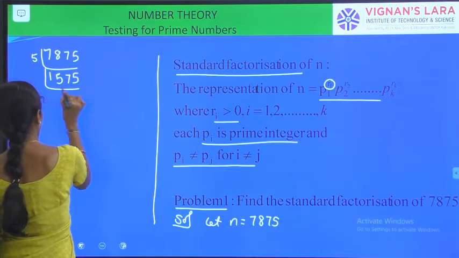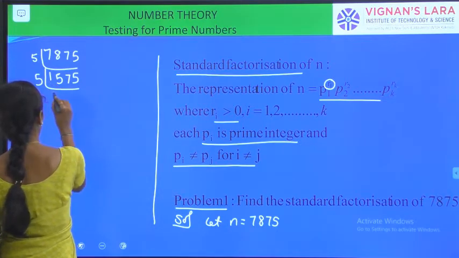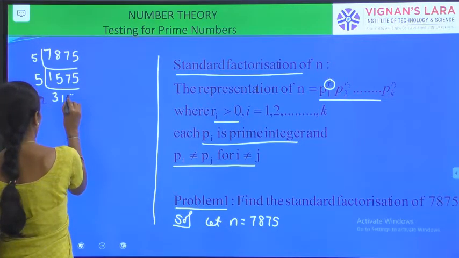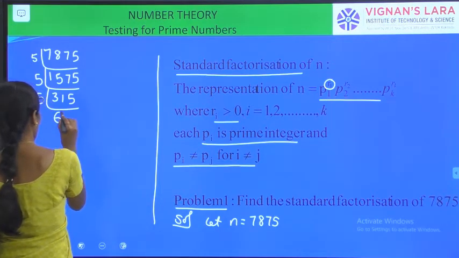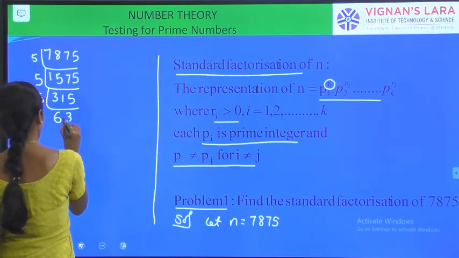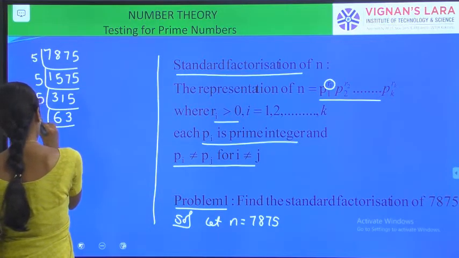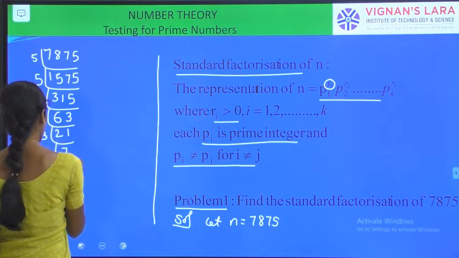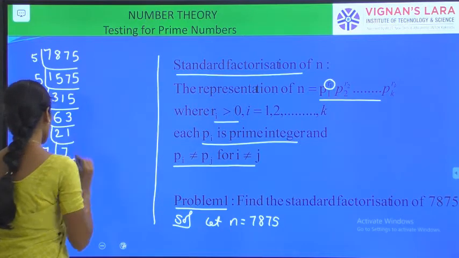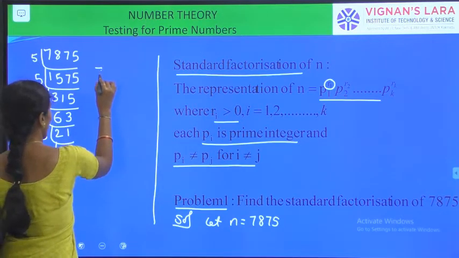Again 5 is in the ones place, once again divide by 5, 315. Again 5 is in the ones place, once again divide by 5, 5 sixes are 30, 63. Now it is clear that 3 is its factor 21 times, 3, 7 times, 7, 1 time.